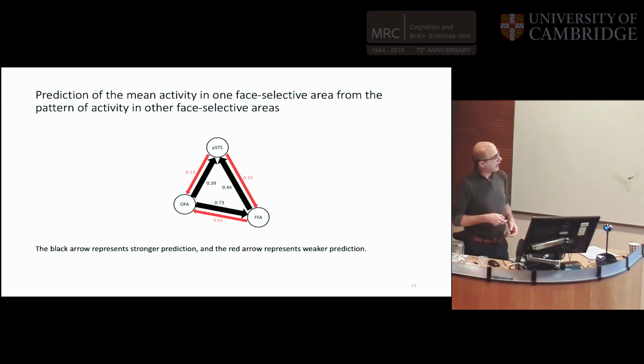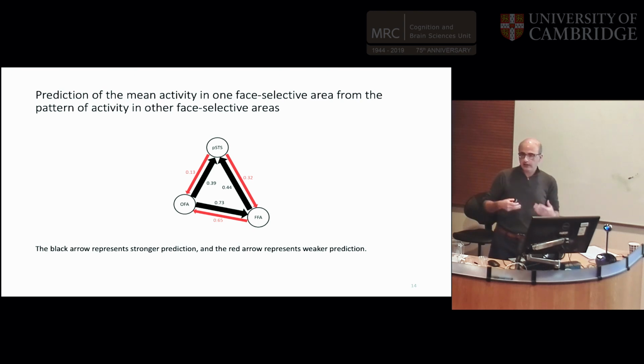And if you do that, you come up with a diagram like this. The thickness of the arrow corresponds to prediction power. So when the accuracy of prediction is higher, the arrow is thicker.